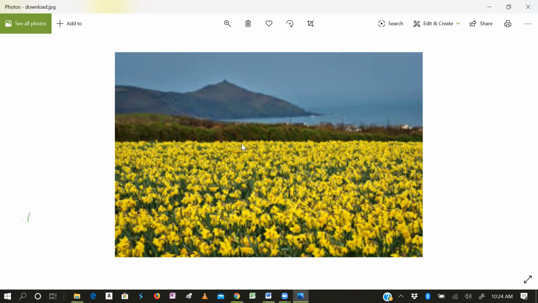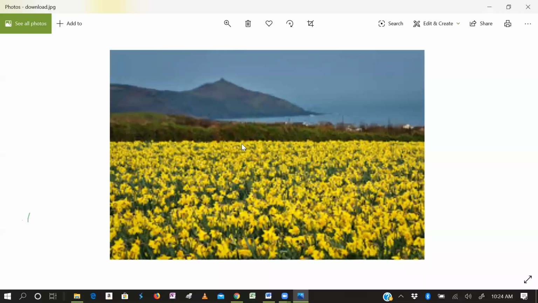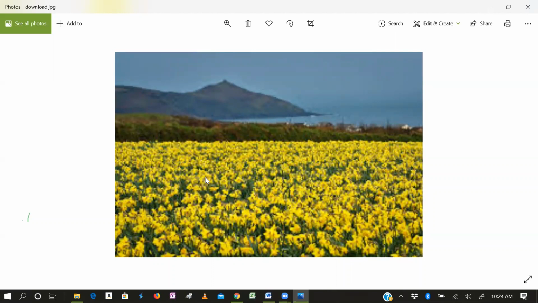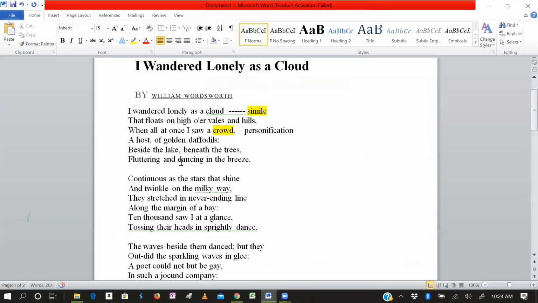When the sun comes over the daffodils, they give light and start brightening. In this way, he has compared the daffodils with the stars.